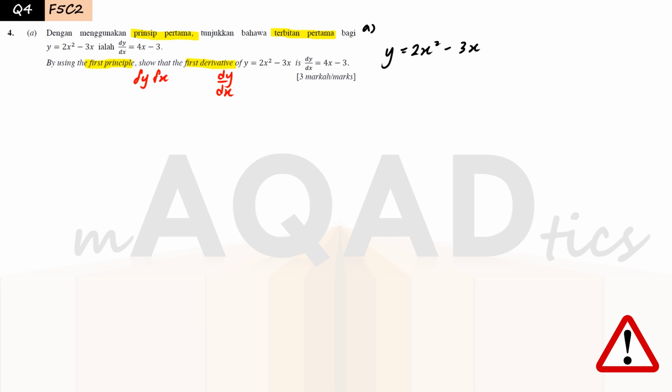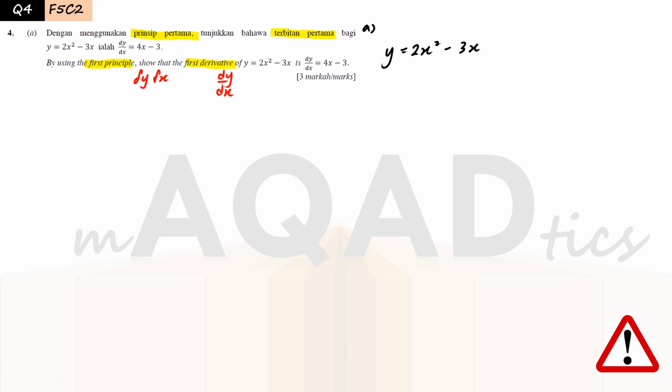And I think that with this method, most of the students will be confused about how to use the first principle method, because the steps are quite confusing. Okay, so here I'm going to teach you all step by step. Before we go into the steps, I would like to set our goal first for the first principle method.